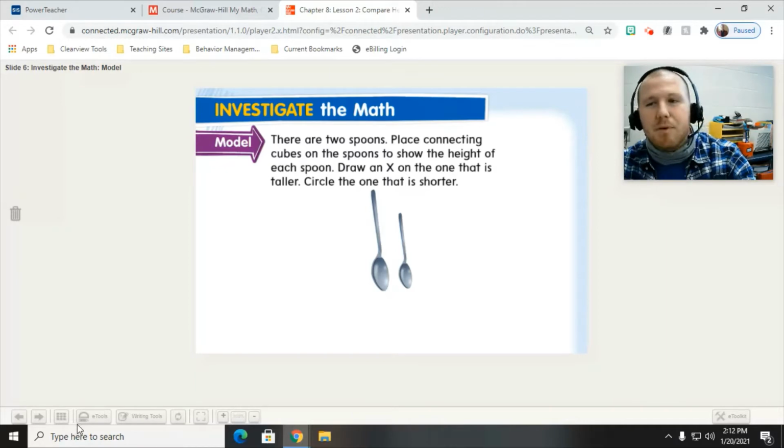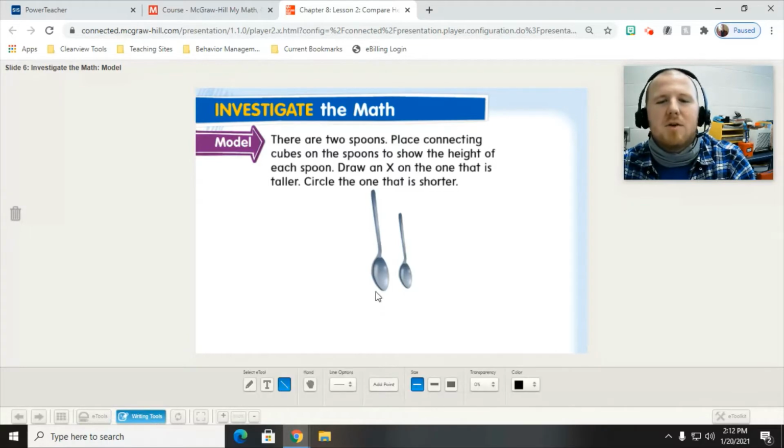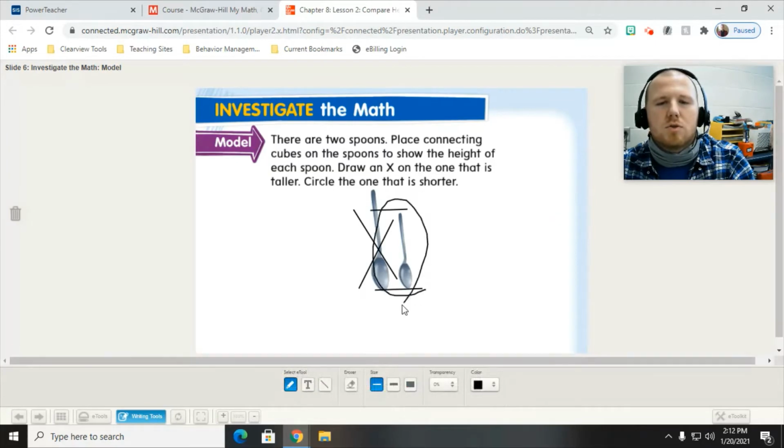So I know you probably can consider that, but remember, you can even use the strategy that I was showing in the last video. You start at where they are. So if they're sitting on the counter, there's one, and then if you are looking at this one, it's just this tall. Oh, so this one is taller. So I'm going to X off the taller one, and then I'm going to circle the shorter one.